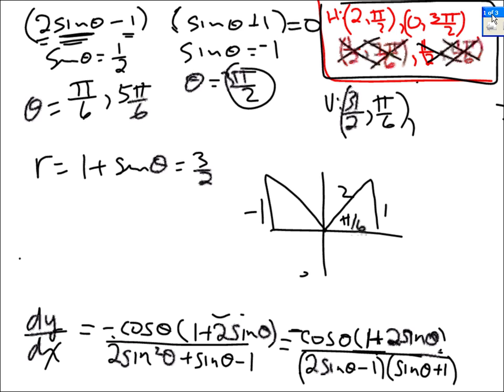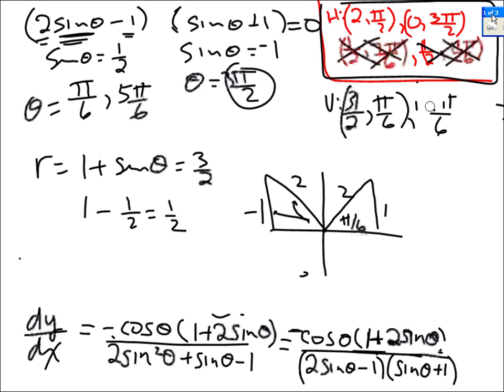This is negative 1 over 2. So the sine is opposite over hypotenuse. So it's 1 minus a half, which is a half. So we have the angle is 5 pi over 6, and the r is 1 half. So we have 1 half, 5 pi over 6.